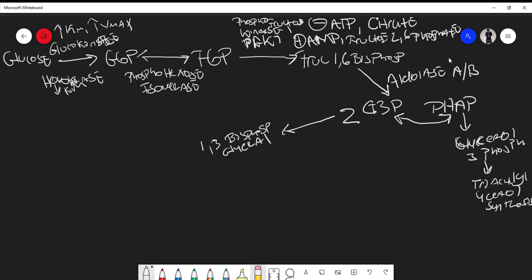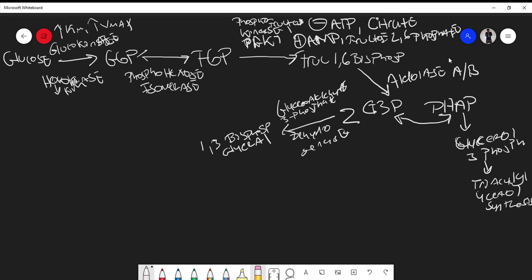Now, what's the enzyme? The enzyme for this is glyceraldehyde 3-phosphate dehydrogenase.